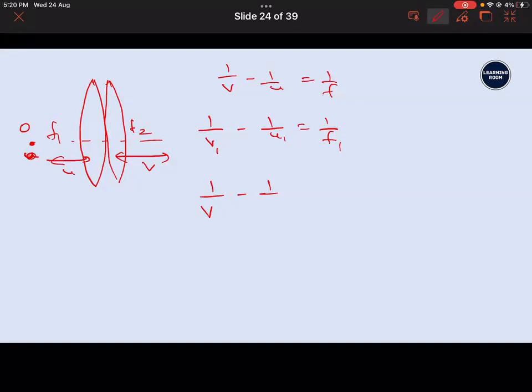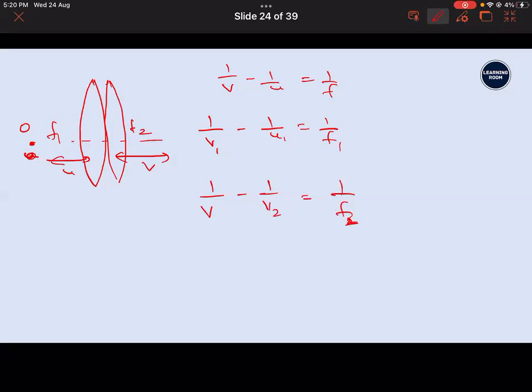This is what I told you. v1 will start acting as the object distance. So the image distance due to the first lens will start acting as the object distance for the second lens. So 1 by v minus 1 by v1 is equal to 1 by f2.